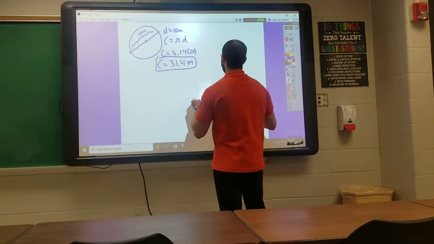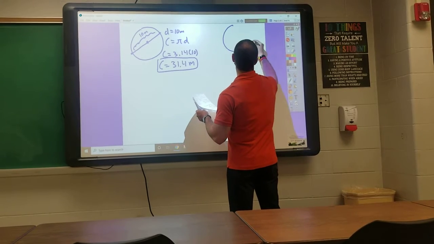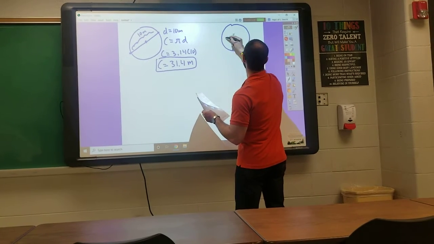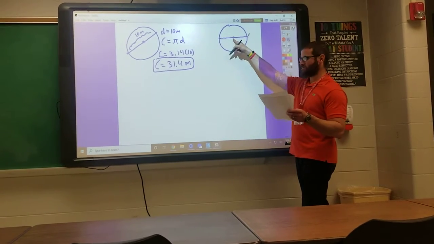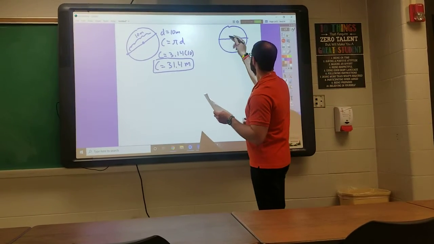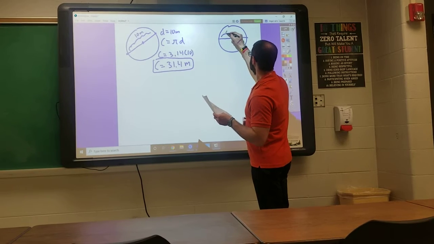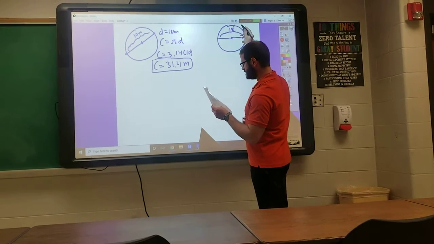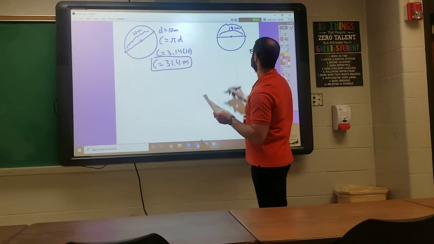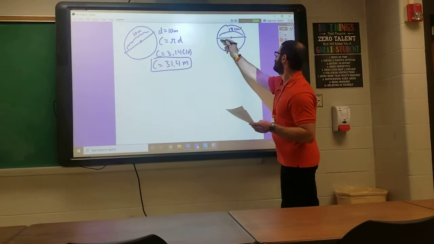Last one here. Again, this is the center point of the circle, and let's say that this distance here is 18 centimeters.